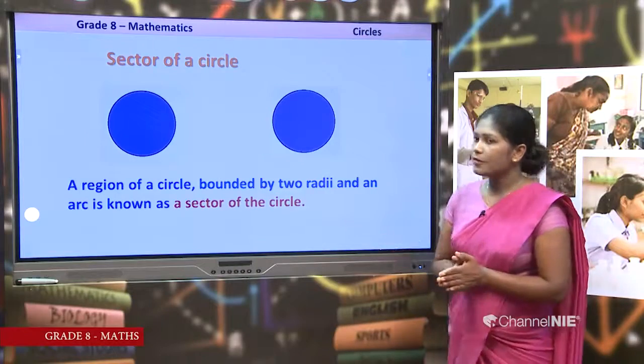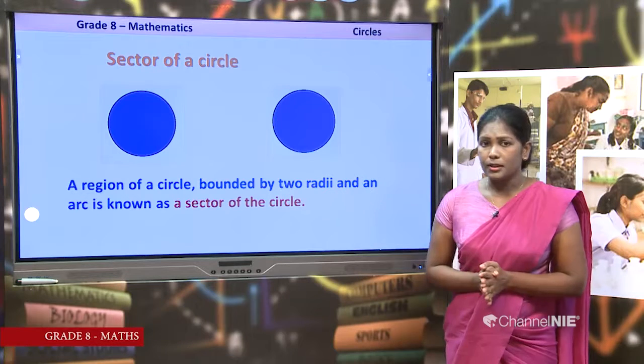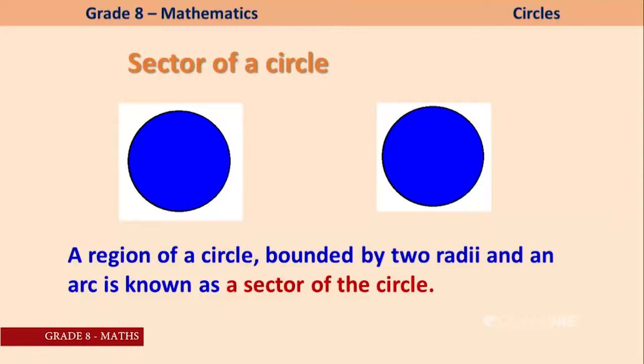Look at that. Sector of a circle. There is a circle, a blue color circle. I draw 2 radii here and color this portion. Then you can obtain 2 sectors. So the blue color one is larger than the other one. So this is the major sector.